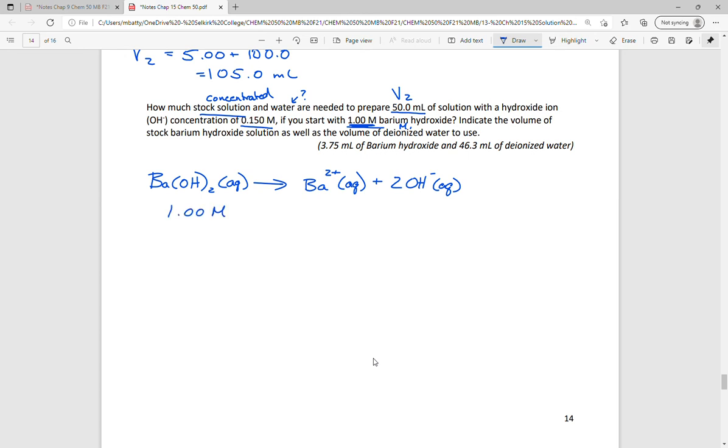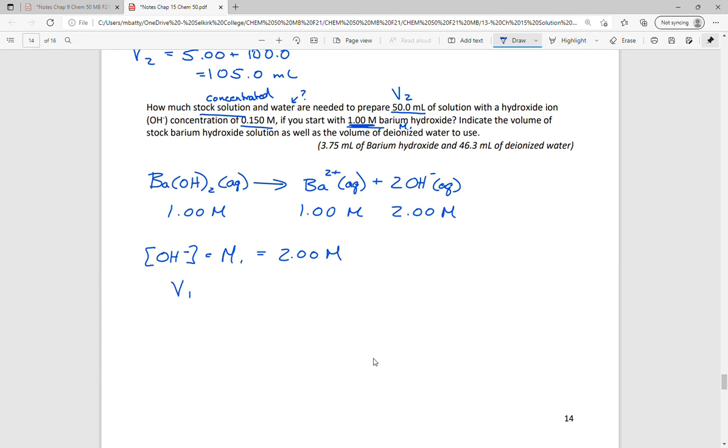Now this ion mole to mole ratio allows me to see the concentration of the hydroxide ion initially, which is twice what the barium hydroxide concentration was because of how it dissociates in that mole to mole ratio. So my M1 is there.